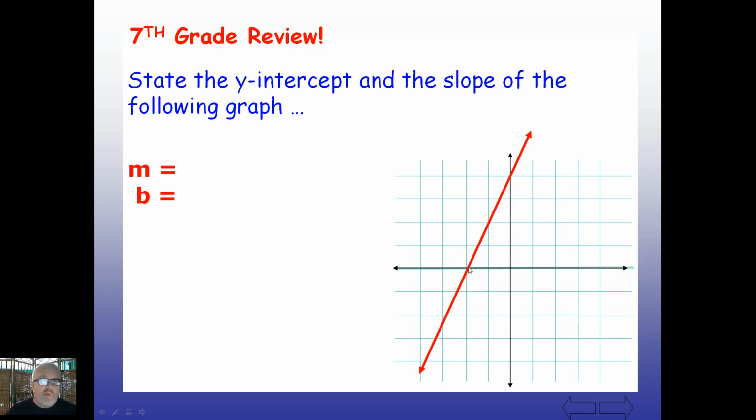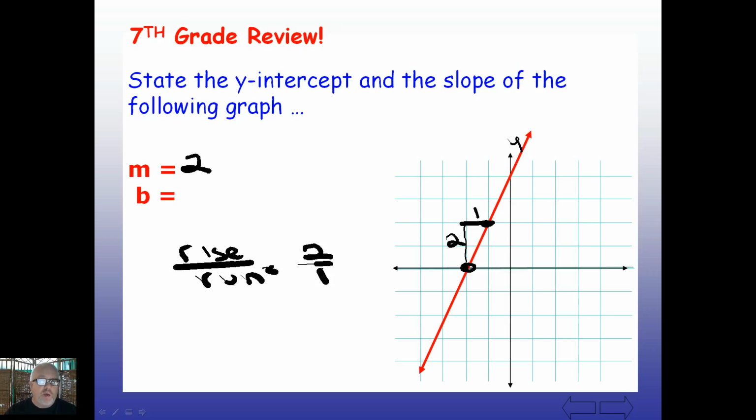The rise here, if we pick any 2 points on the line, let's say we start right here, this point and this point, the rise here would be up, looks like positive 2 and a run of 1. Remember, since slope is rise over run, what you're looking at is 2 over 1, so our slope here is going to be 2. And just by inspection, can you tell what's the y-intercept here?